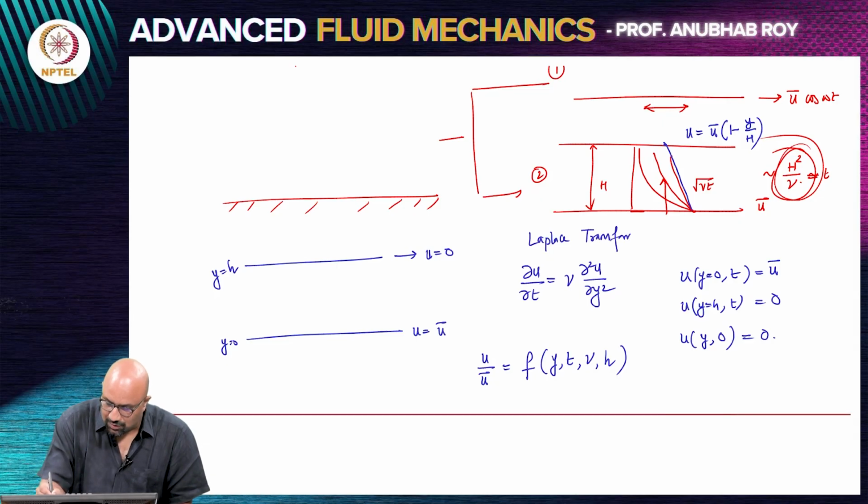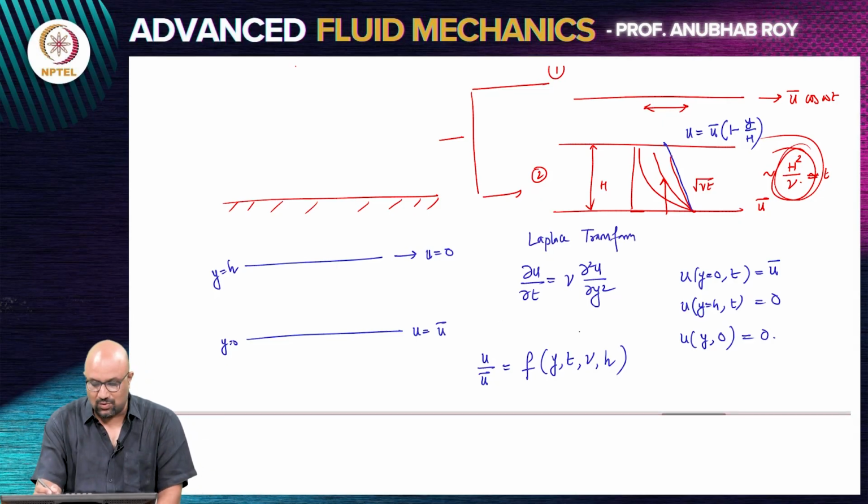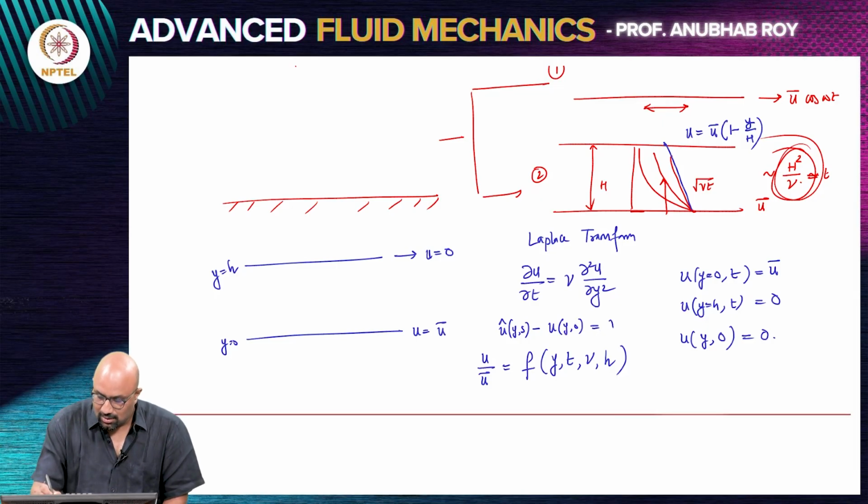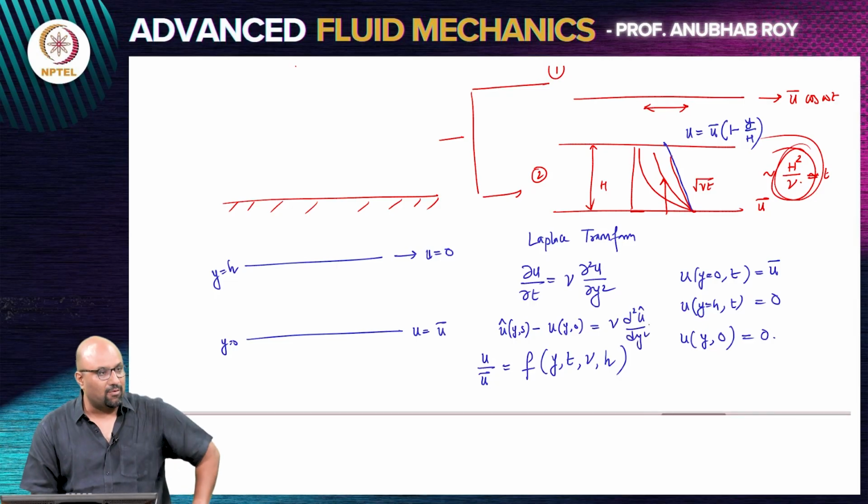Once you do a Laplace transform in time, you are going to get an equation which will be s u hat of y comma s minus u of y comma 0 equals nu d square u hat dy square. Hat is basically your transform variable.